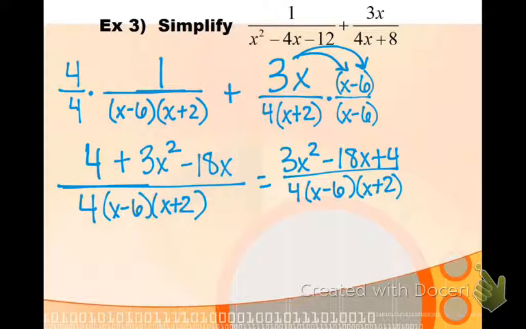So, if we could factor the top, we would want to, especially a GCF, but we can't. So that's our answer. Questions about example 3? Questions? Nothing? Okay.